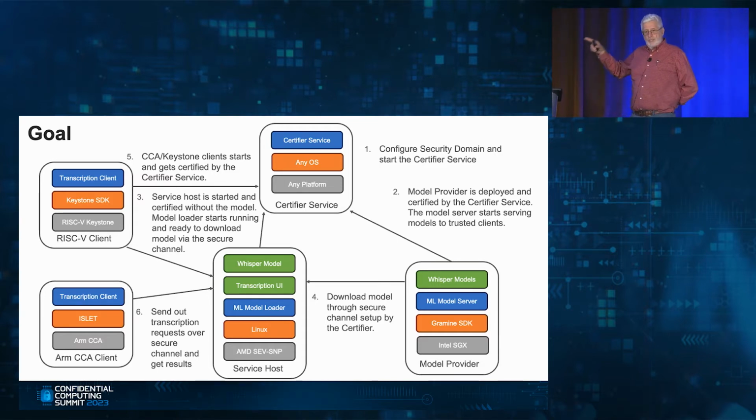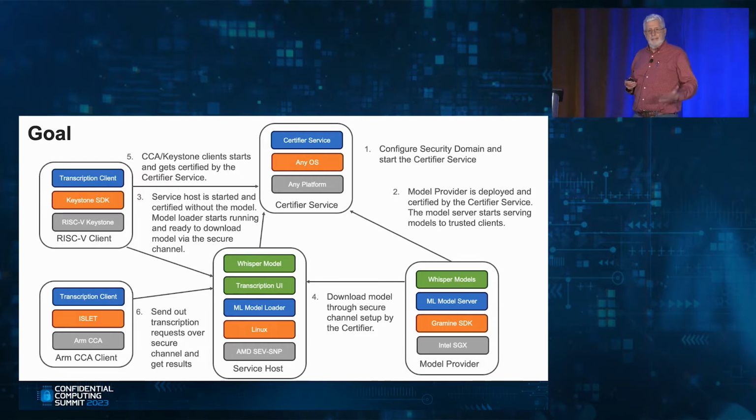There's a server that lets clients have access to the service, namely speak, and you'll get text back. That runs in SEV. And then there are 2 clients that send requests and get it back.